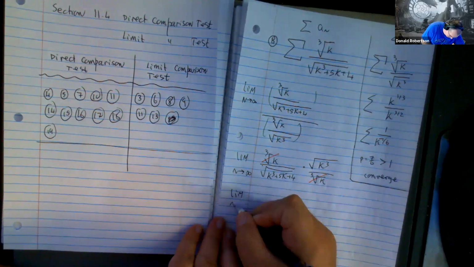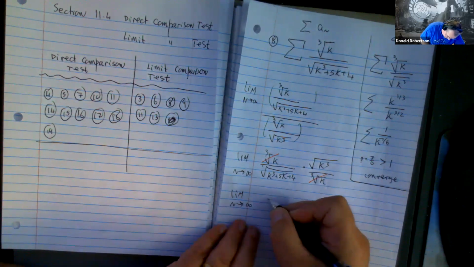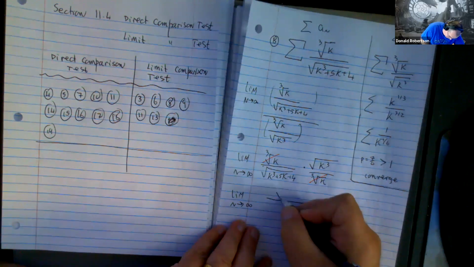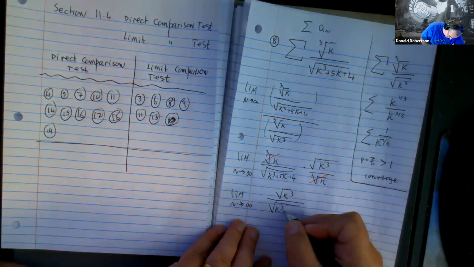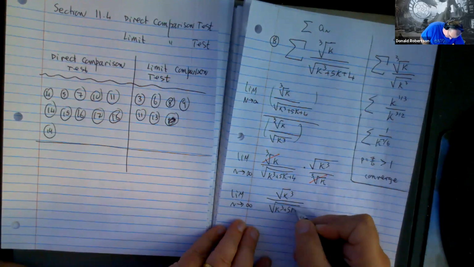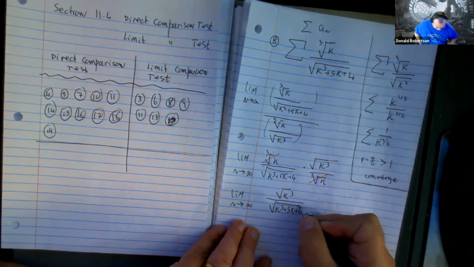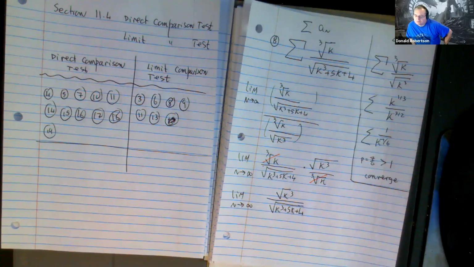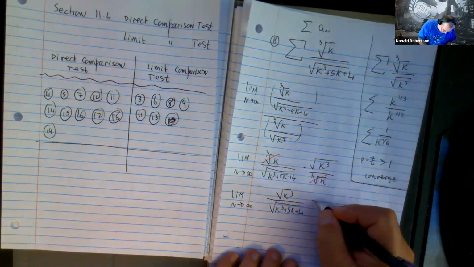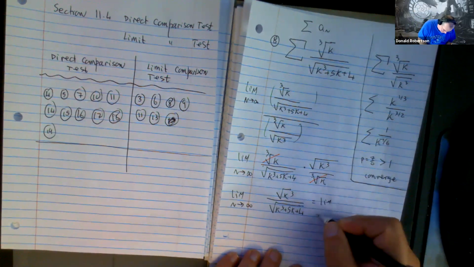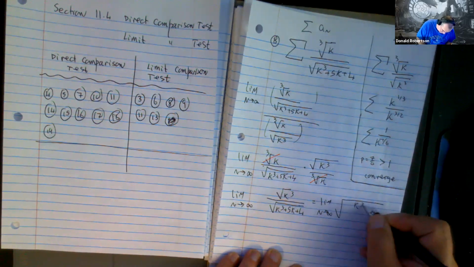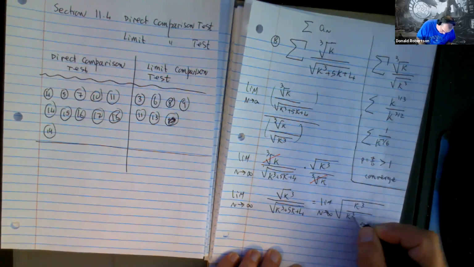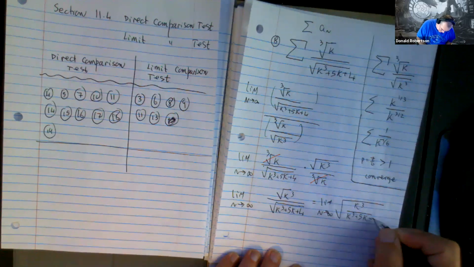And the limit as n tends to infinity becomes that guy. And then I'm going to notice that since both of them are a square root, that I can do that guy.